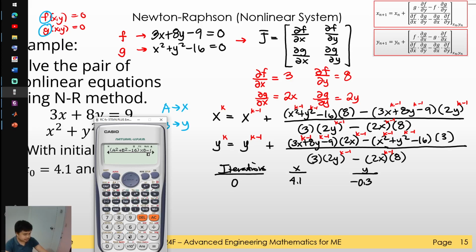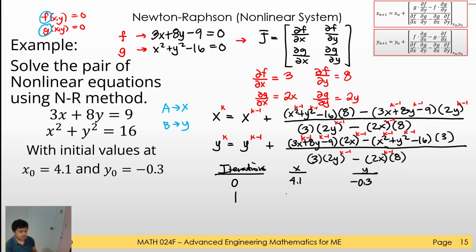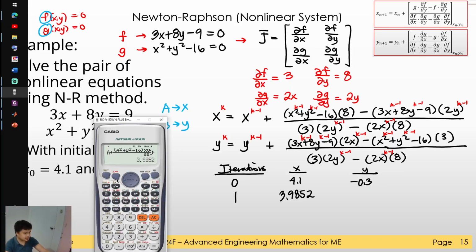Okay, and then this will be just 6y, no? So I'll just write here 6a minus, so 2 times 8 is 16, so 16a. Okay, and then calc. So let's try this. We have 4.1 as the initial guess and negative 0.3. So the iteration for x is 3.9852.